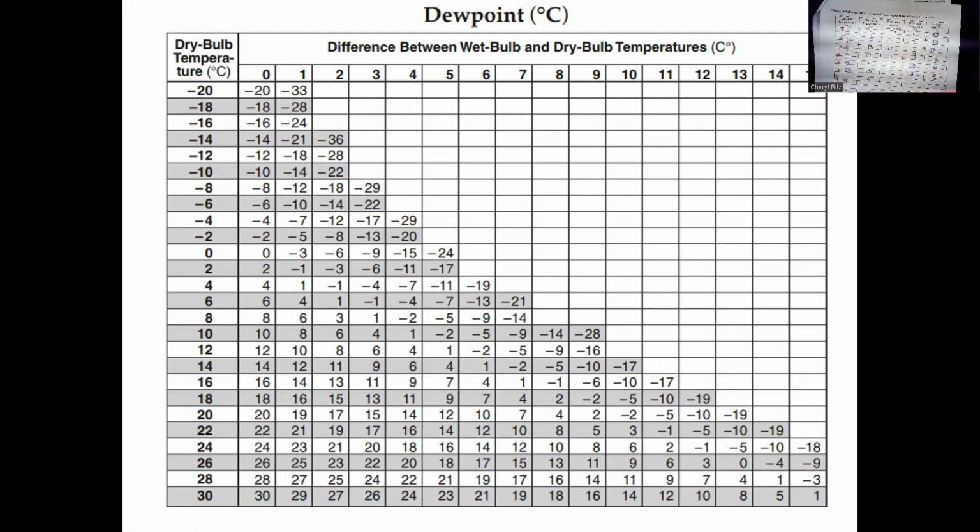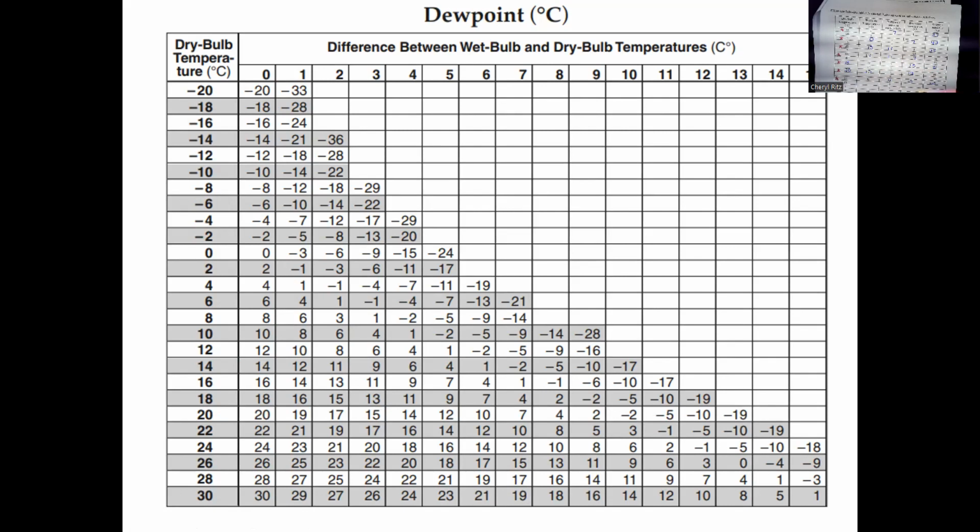The 17 one, 17 minus 13 is 4, so that's the difference. And you should have gotten a dew point of 10 and a relative humidity of 63. Good?